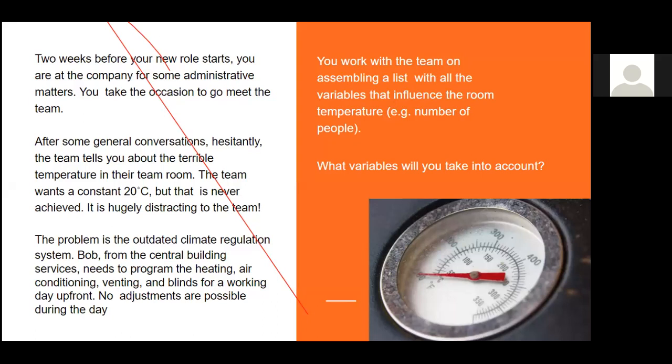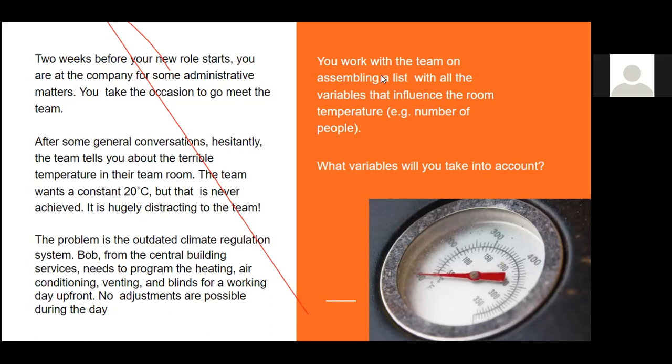The problem is the outdated climate regulation system. Bob from the Central Building Services needs to program the heating, air conditioning, venting, and blinds for a working day up front. No adjustments are possible. So you work with the team and assemble a list of the variables that can influence the room temperature. For example, the number of people. So what other variables can be taken into account?